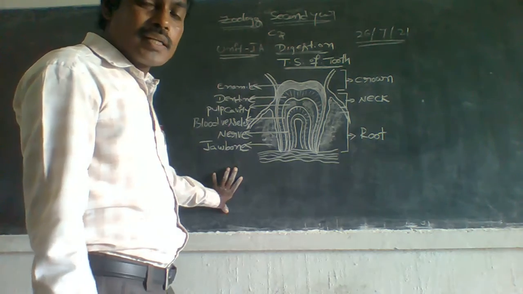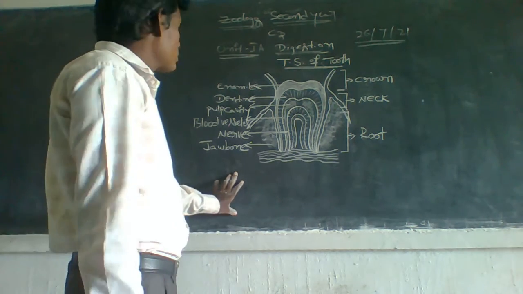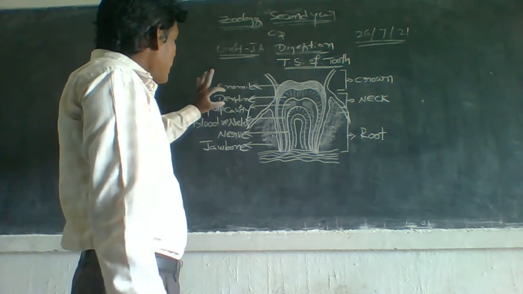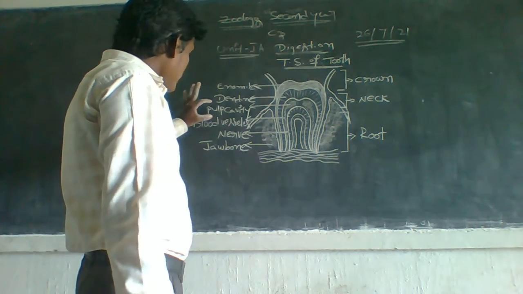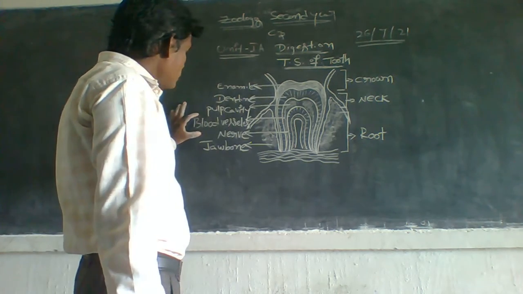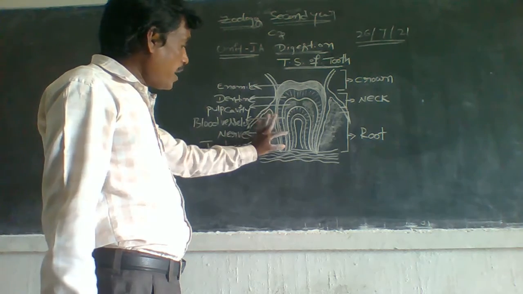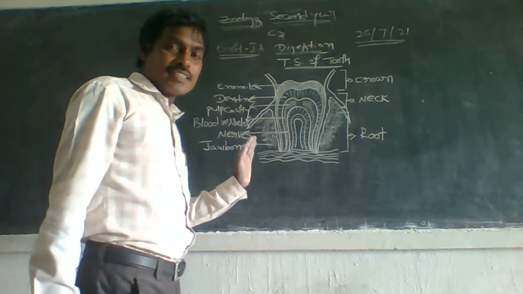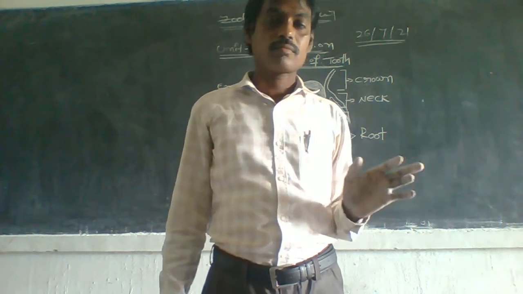These are the parts or labels: first, enamel, and next one, dentine, and next one, pulp cavity, and next one, blood vessels, and next one, nerve, and jawbone. This is the TS of tooth.